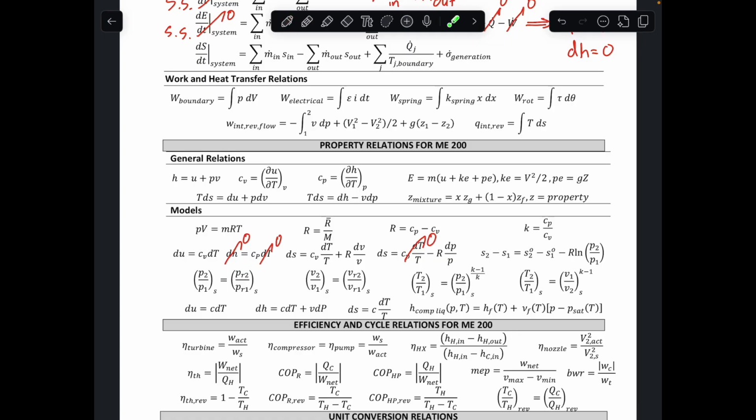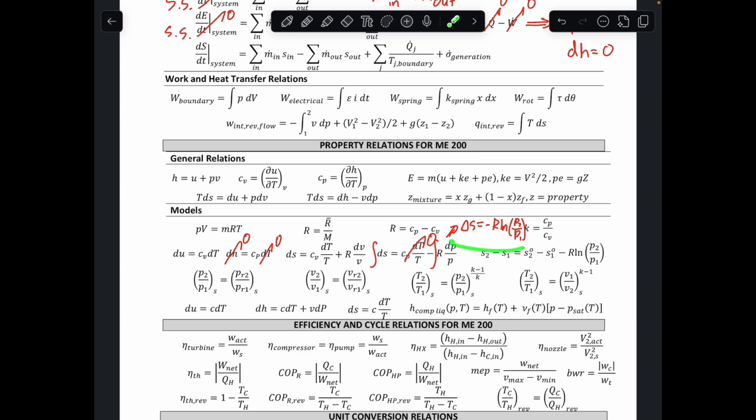So we're just left with dS is equal to minus R times dP over P. So we can just integrate these terms right here. And if we integrate them, we are left with the form, I'll write it up here, delta S equals negative R times the natural log of P2 over P1.